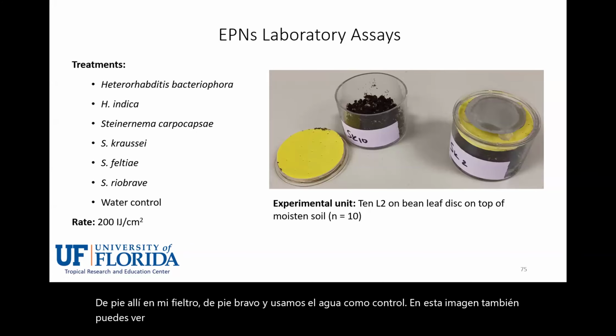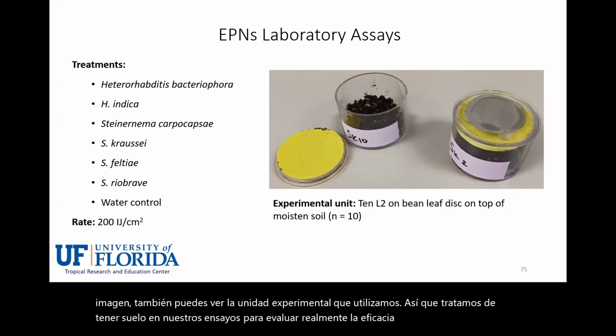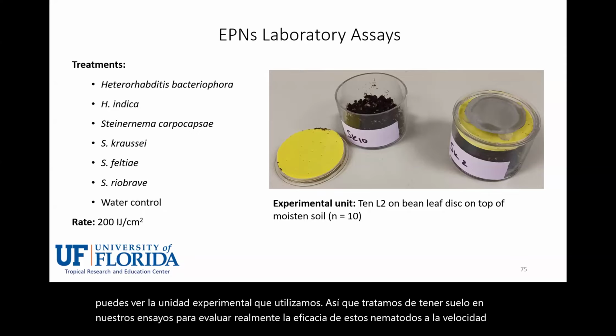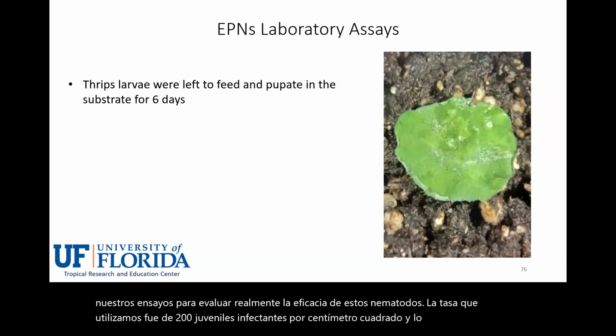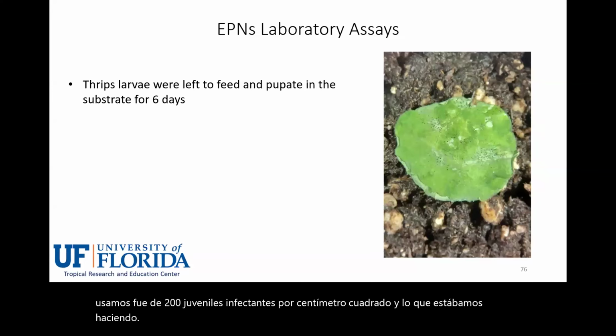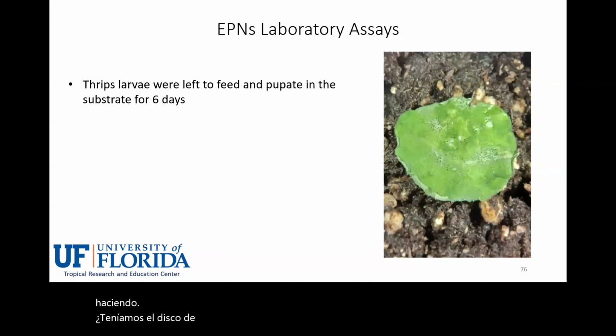In this picture, you can also see the experimental unit that we use. We try to have soil in our assays to really assess the efficacy of these nematodes. The rate that we used was 200 infective juveniles per square centimeter. We had a leaf disc that we inserted on this arena, with the thrips larvae.